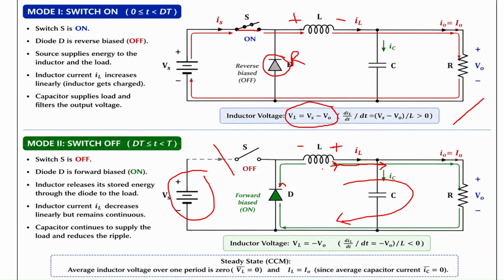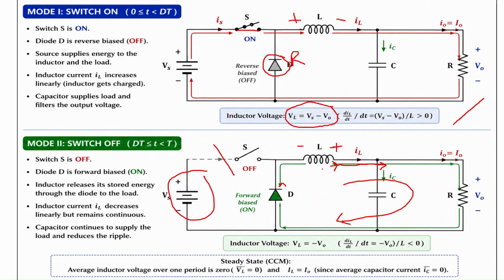Because of that, the inductor voltage VL is equal to minus V naught, and the rate of change of inductor current, di by dt, is equal to minus V naught upon L. Since it is negative, it is less than 0, which means the inductor current will be discharging.